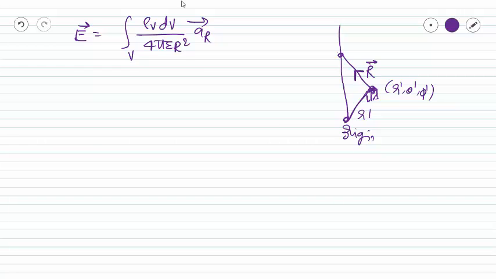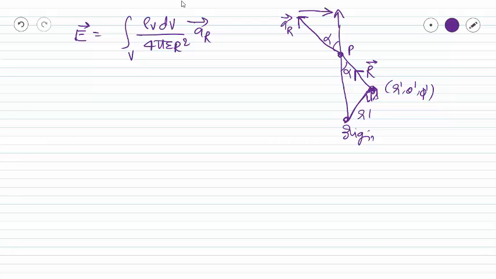This is the point P, and if I extend this vector r bar in this direction, this gives me the direction of the unit vector ar bar, and if this angle is alpha, this angle is also alpha. So I can draw one more vector in this direction to complete this triangle.